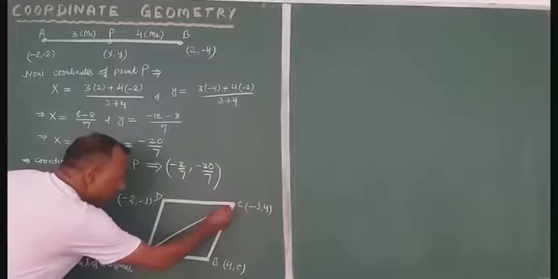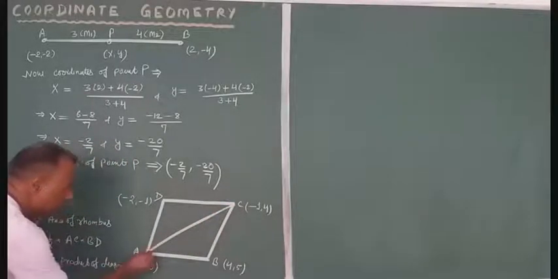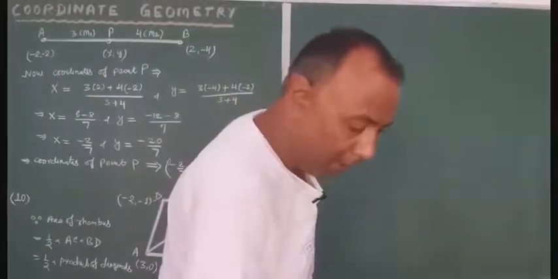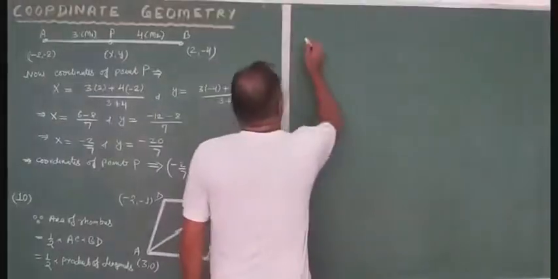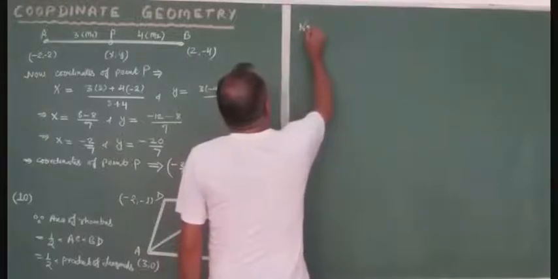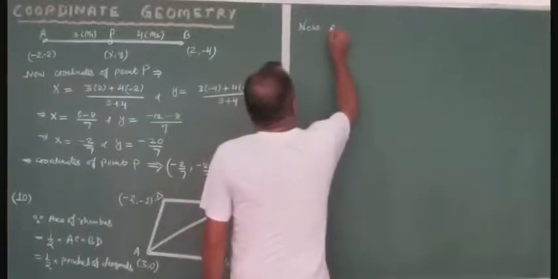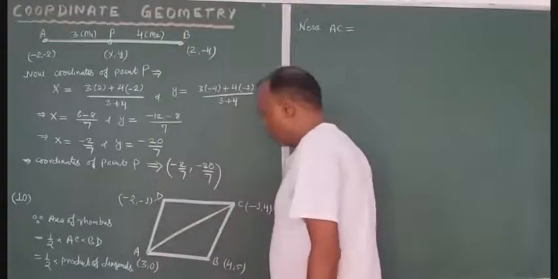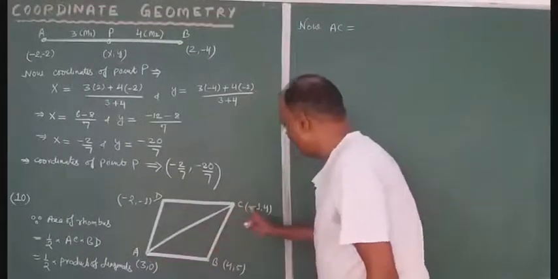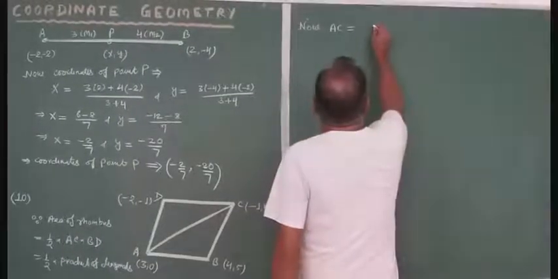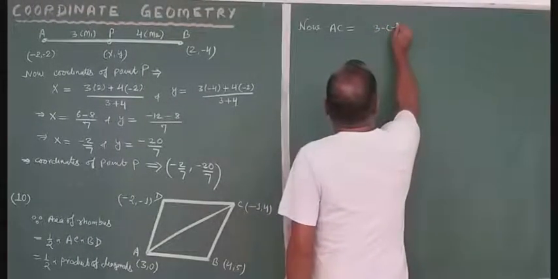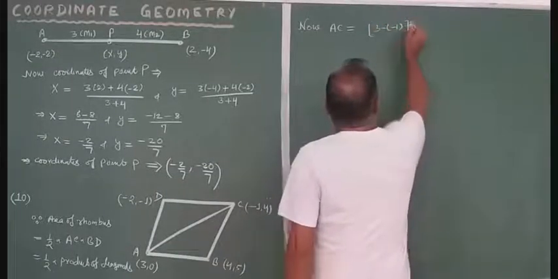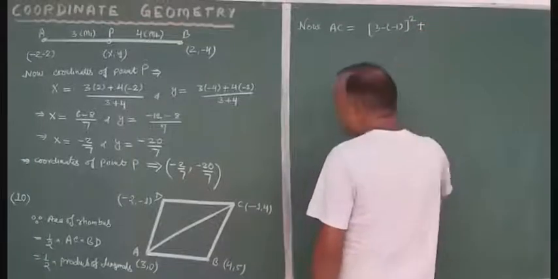Now, using the distance formula, find the length of AC. AC can be calculated as the square root of (x1 minus x2) whole square plus (y1 minus y2) whole square.